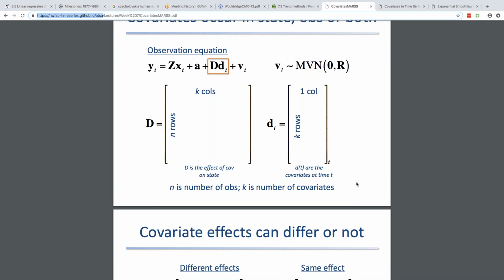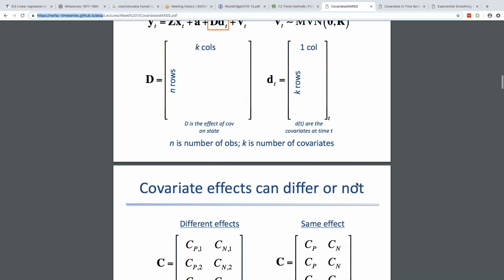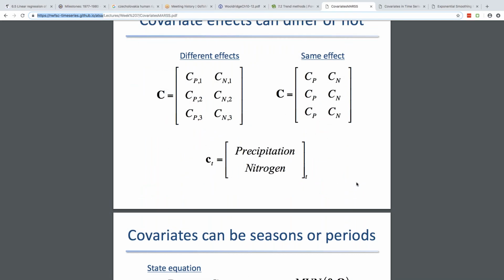I have k here, but it doesn't have to be the same as in the process model. But there's one column, all the different covariates, and then we're going to have the same number of columns here, and then in rows, one row for each observation. What that allows us to do is specify what the relationship between the covariates and the states or the observation is.